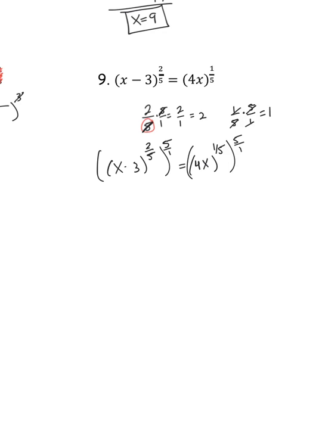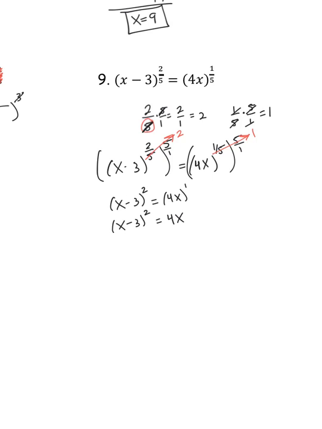So what's going to happen here, this fraction is going to turn into a 2. This one is going to turn into a 1. So you're going to have x minus 3 to the 2nd power equals 4x to the 1st power. I can rewrite this and leave out the exponent of a 1 because 4x to the 1st power is just 4x. And then I can solve this from here.